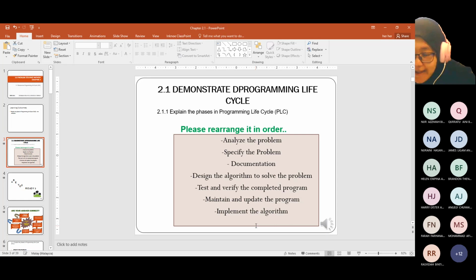So you take a screenshot of this, then write your answer on your phone. Mark which one is number 1, which one is number 7, from 1, 2, 3, 4 up to 7, arranged based on what you feel is the right answer. You just try to take a guess. Okay, we'll give 2 minutes, maybe 3 minutes.